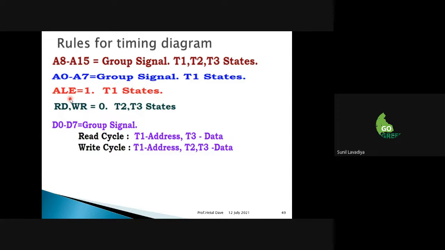It's like going to a restaurant: we don't directly start eating, we have to give an order first. The order is identified based upon ALE. It represents that our system is now ready, the address latch is enabled. Then we start eating, or any operation, like reading and writing.